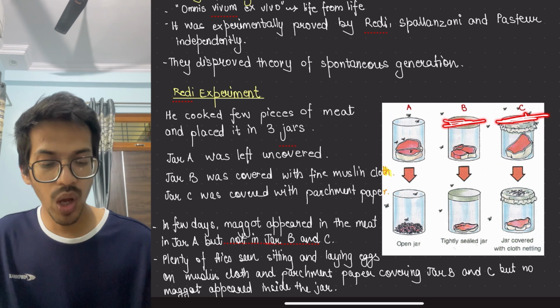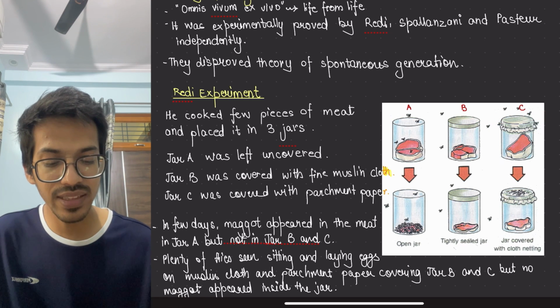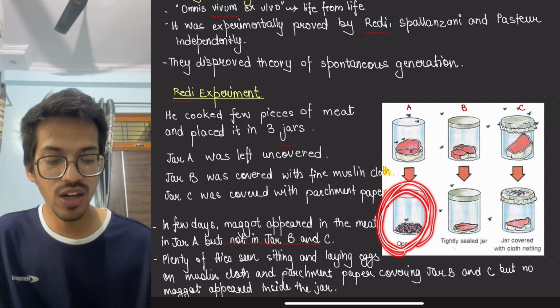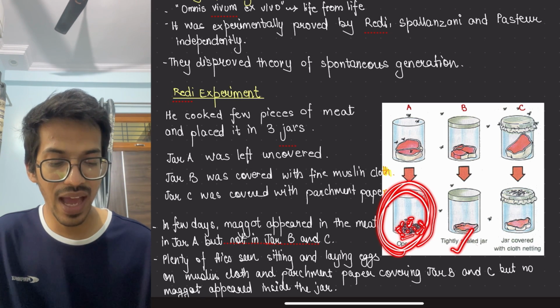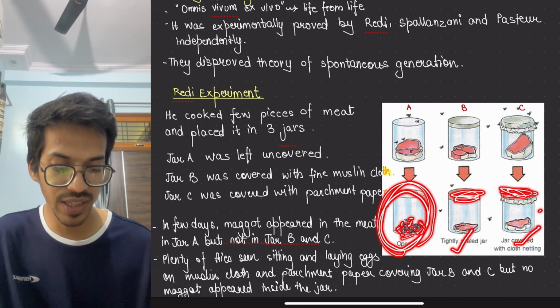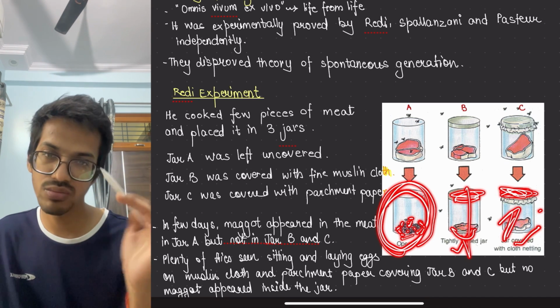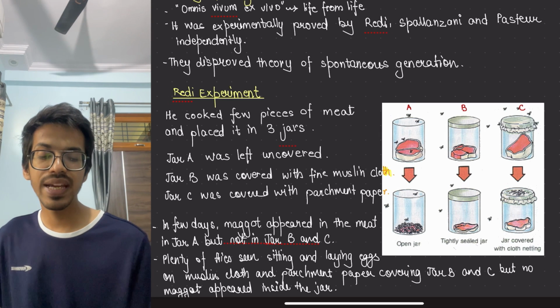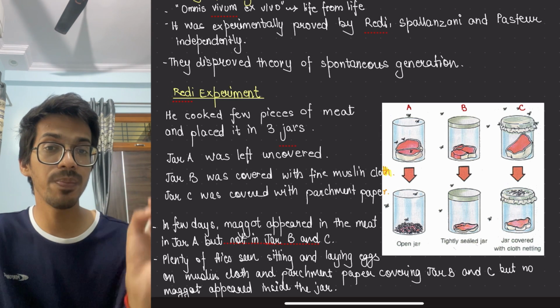After a certain period of time, the first jar had a lot of maggots, meaning baby flies. But in the second and third, there were eggs on top of the covering, but no flies inside. This shows that life comes from pre-existing life.